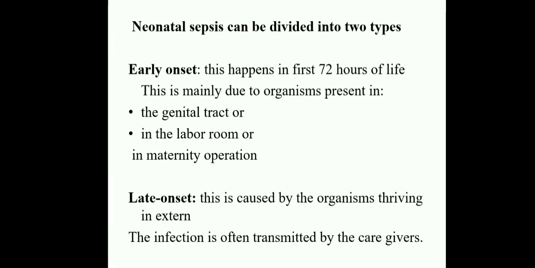Neonatal sepsis can be divided into two types. The first one is early onset, the second one is late onset. Early onset occurs within 72 hours of life, mainly due to organisms present in the genital tract, in the labor room, or in the maternity operation room. If the mother is suffering with some STDs or TORCH infections, it may also be transmitted within 72 hours.